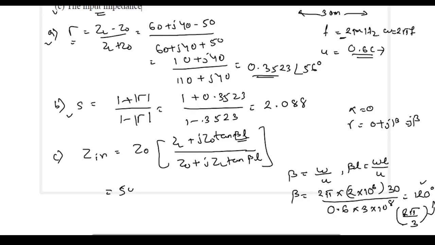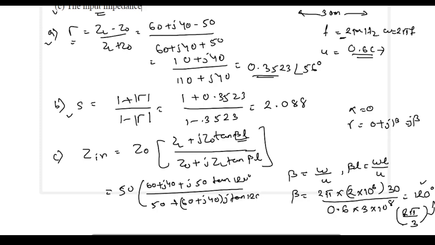So here you can use the values. Z0 is given as 50 into ZL, which is 60 plus j40, plus j into 50, that is your Z0, into tan of 120, divided by 50 plus ZL, 60 plus j40, multiplied with j tan of 120 degrees.